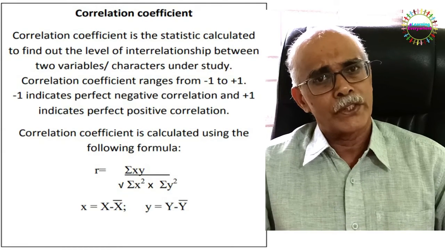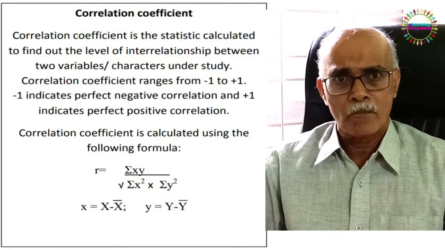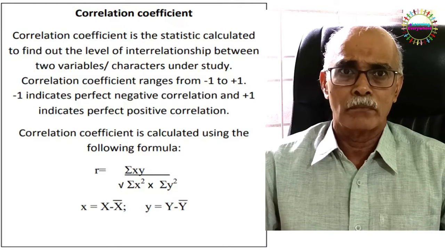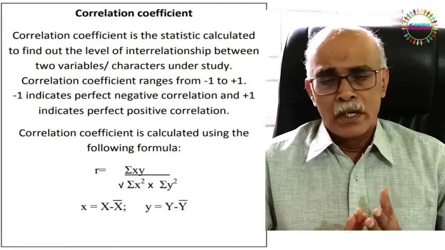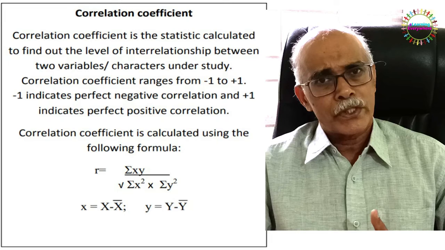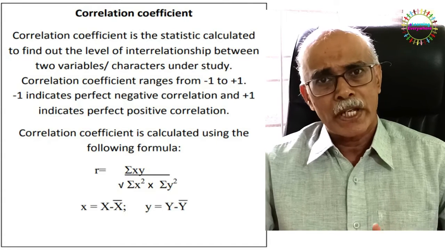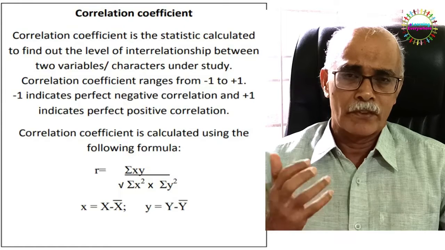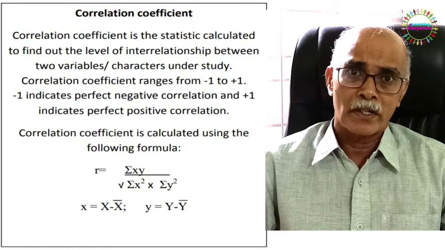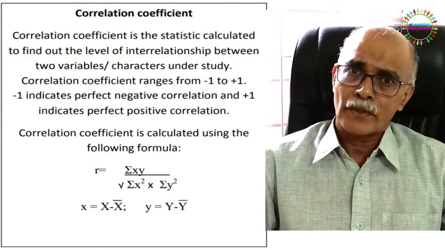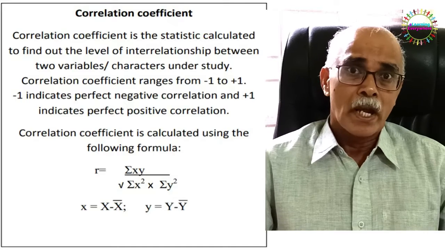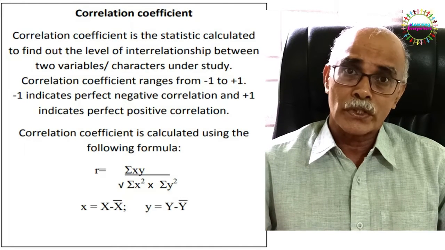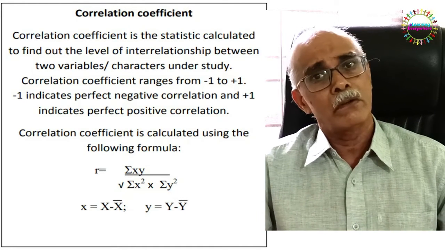It ranges from -1 to +1. If it is -1, there is perfect negative correlation. If it is +1, there is perfect positive correlation. And if it is 0, there is no correlation.